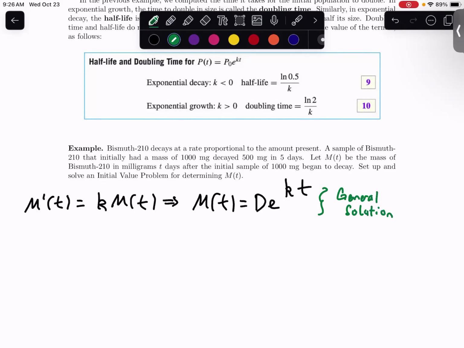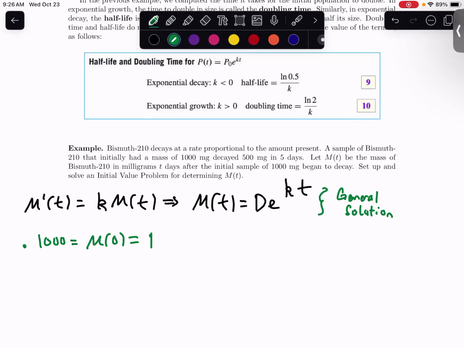Just like the previous problem, we want to determine what d is equal to and what k is equal to. We're told in the beginning that we had initially a mass of 1,000 milligrams, so we know that d is going to be equal to 1,000. But I'll just write this out again. Just like the previous problem, we have 1,000 is equal to m evaluated at 0.